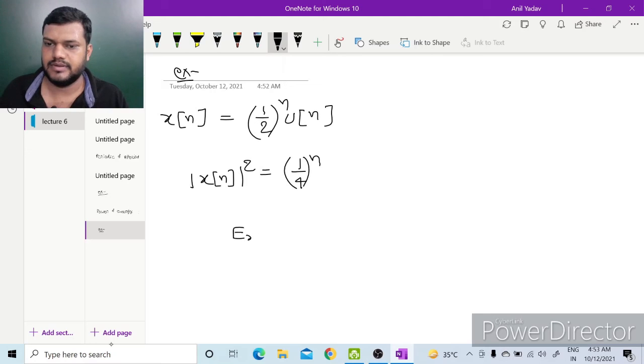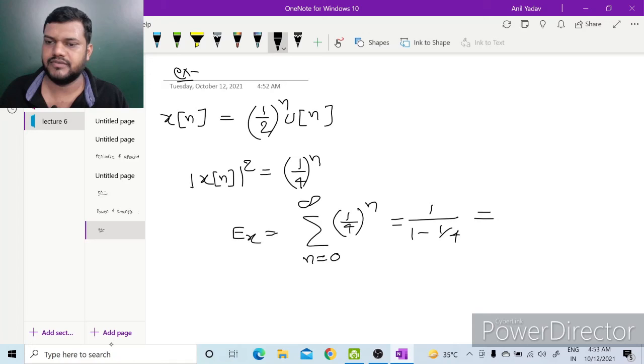So energy will be the summation, and because of u[n], n becomes 0 to infinity, because before 0 it is 0, of 1 by 4 to the power n. So it became 1 upon 1 minus 1 by 4. It is an infinite GP. So this became 4 by 3 joules, which means the signal is an energy signal.